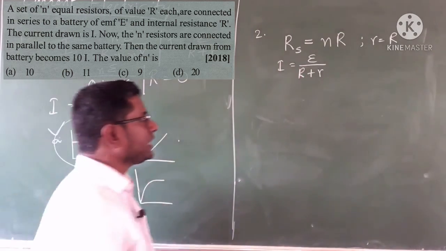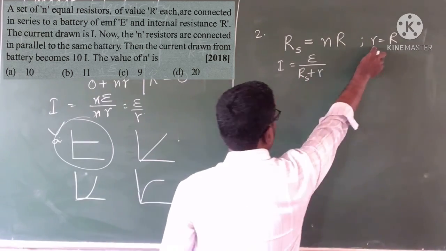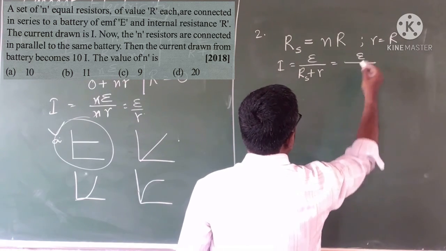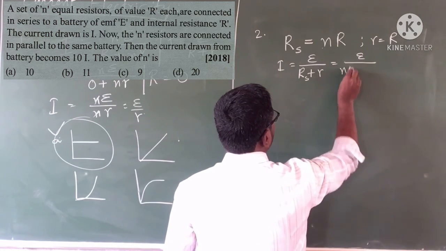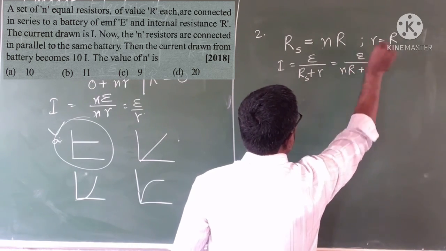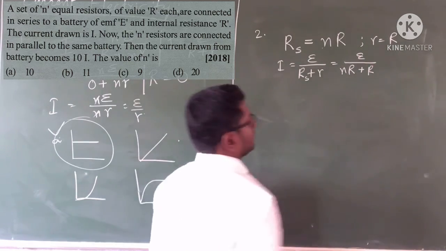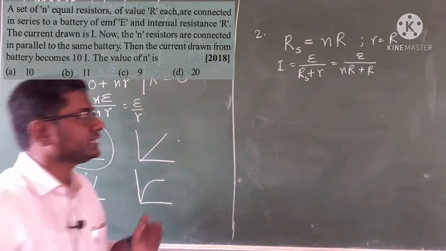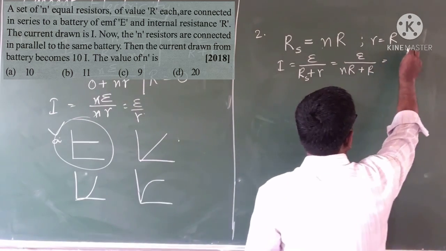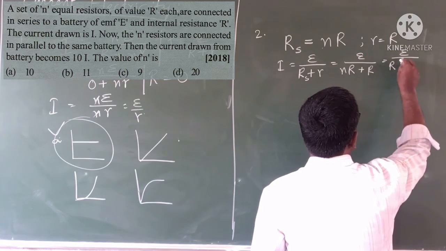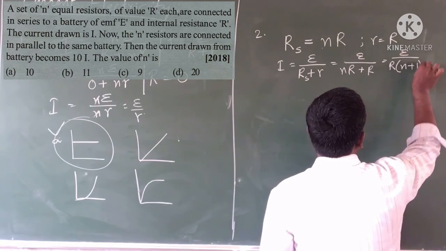So this R will be Rs, and this small r will be R, so I can write epsilon divided by Rs, which is n times R. Then there is small r, again equal to R. So if you look into the denominator, I can take R common. So this will be epsilon divided by R times n plus 1.